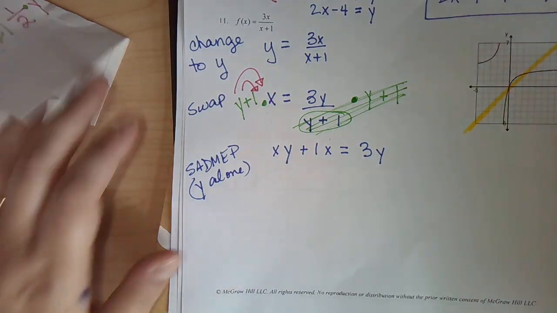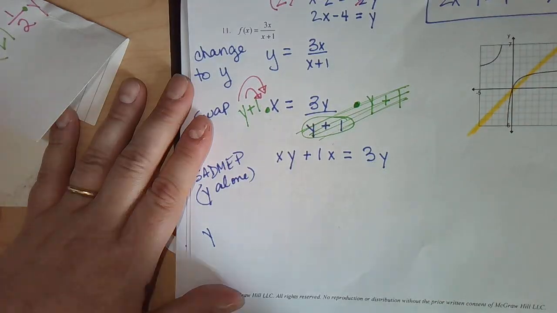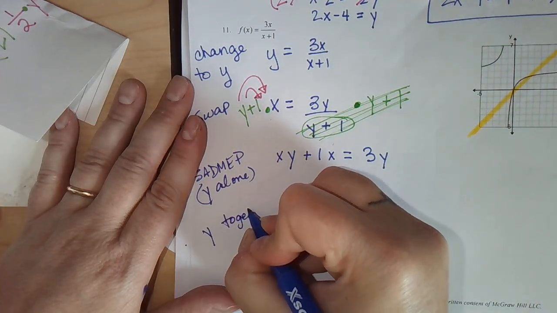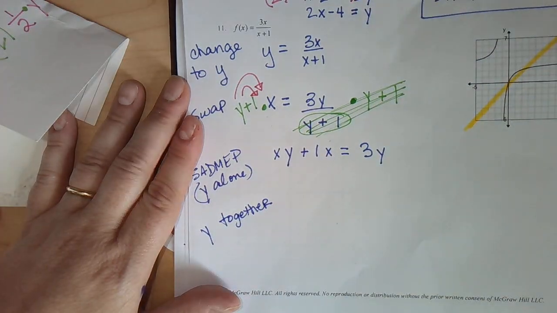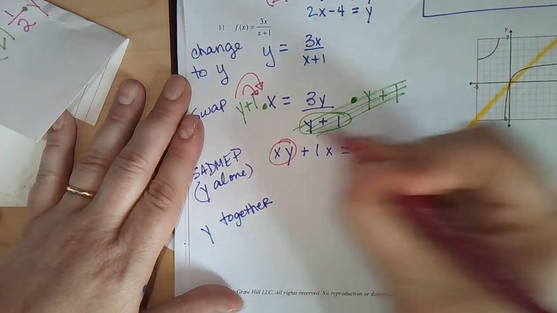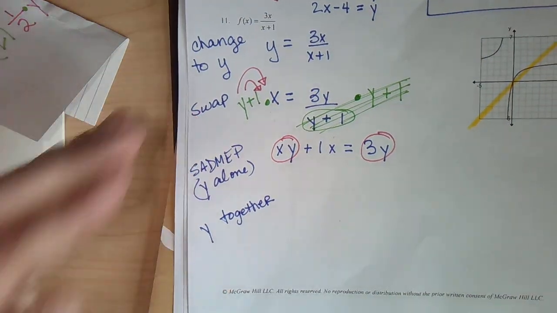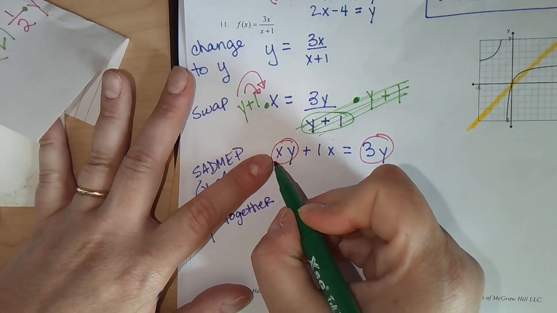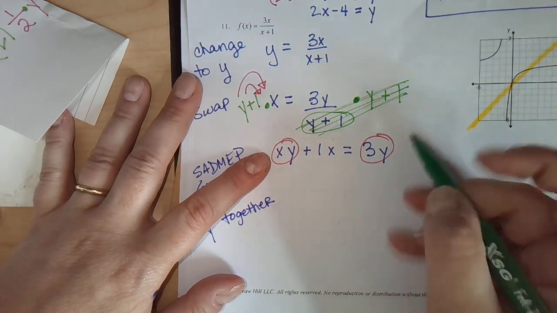Now, we're still trying to get at least not just the y's alone, but the y's together. Look at what we have on our paper, and let's find the y's. Hello and hello. They are not together. They need to be on the same side of the equal sign. So what we're going to do is we're going to pick up this xy and put it over here with this 3y.